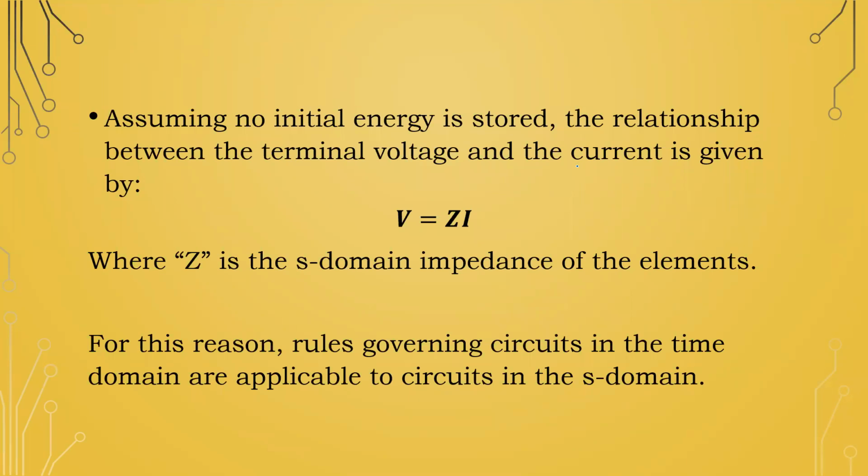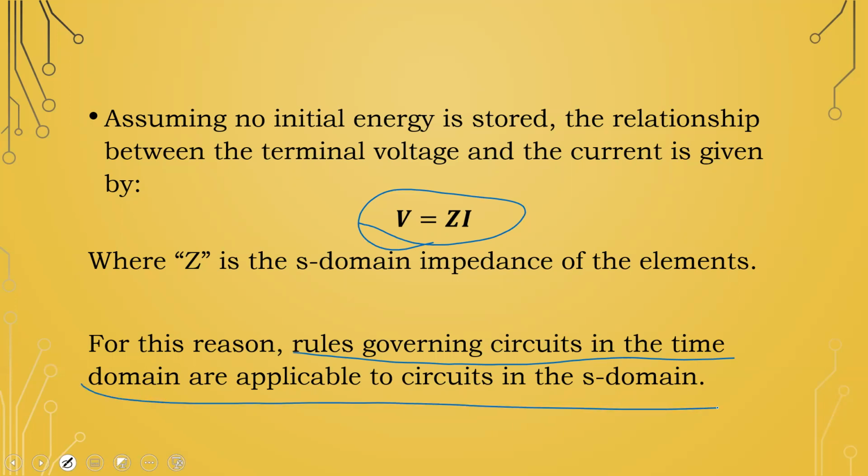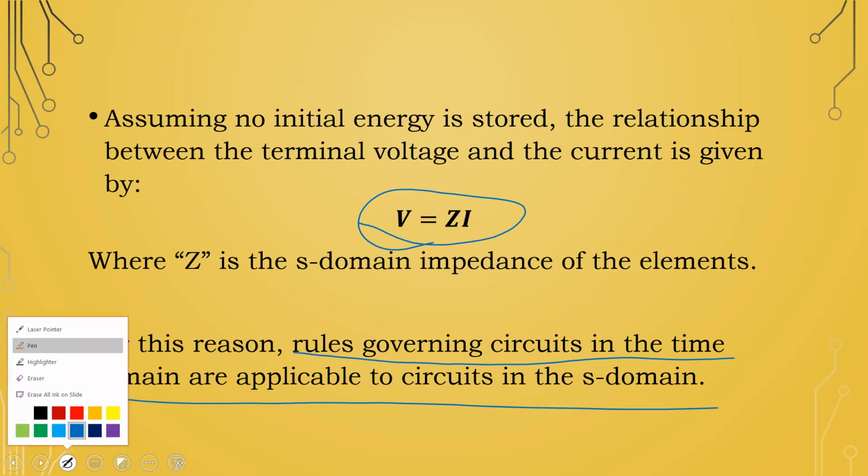So given that this is true, if those initial conditions are not considered, then what we're saying is that the rules governing circuits in the time domain are applicable in the frequency domain. What does this really mean? Okay? Why do we need to state this?